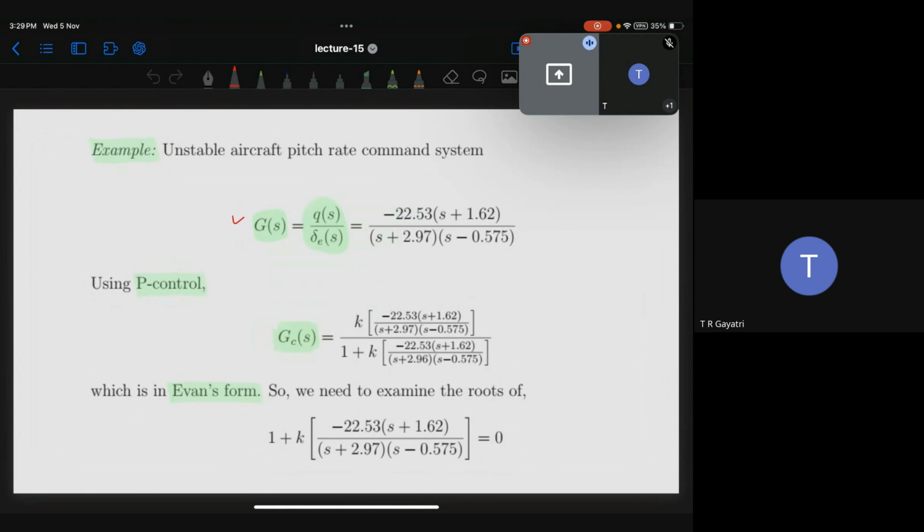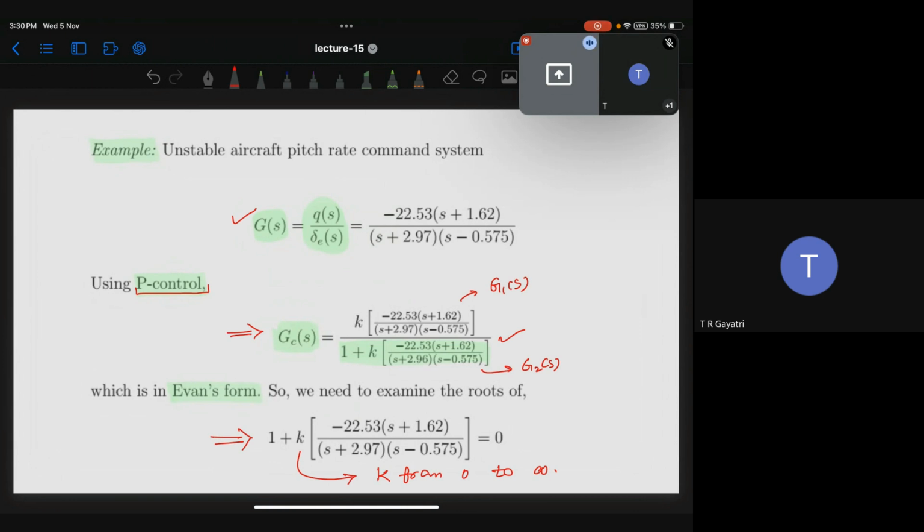We are starting with this open loop transfer function. We want to go for a proportional controller. So this is the closed loop transfer function. Now this form is already in the standard form. This is G1 of S and this is G2 of S. Now we want to find the roots for varying this k from 0 to infinity.